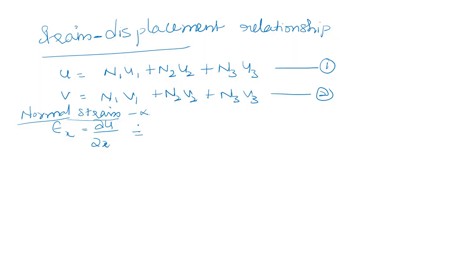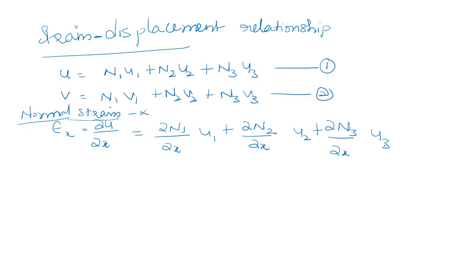Now we know the equation u: N1 u1, N2 u2, N3 u3. Next we need to write it as dou N1 by dou x u1 plus dou N2 by dou x u2 plus dou N3 by dou x u3.